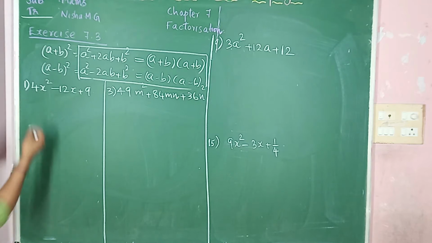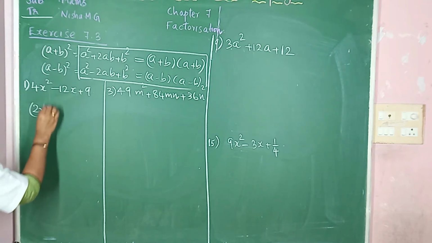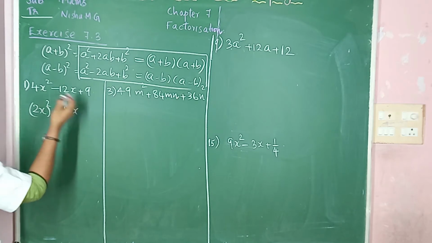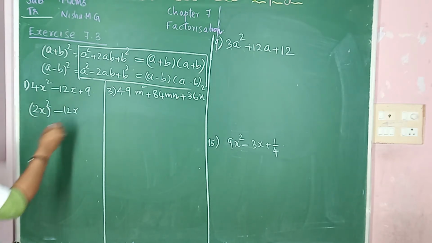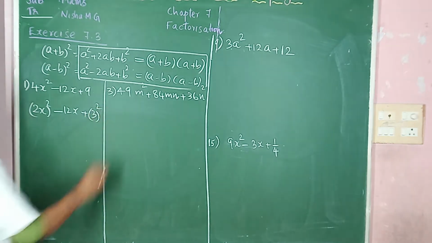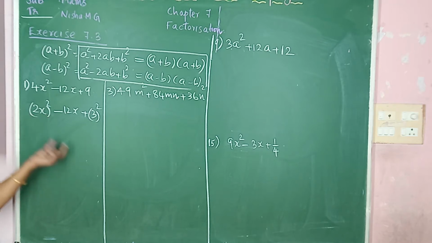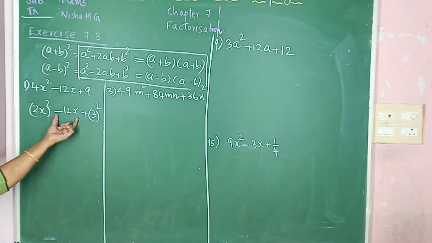Before going to the identity, let us make a change. 4x square, how to write? 4 is the square of 2, so (2x) whole square. Minus 12x, we will change in the next step. 9, how to write? 3 square. So the first term a is 2x and the second term b is 3. Make the change in the middle term also.